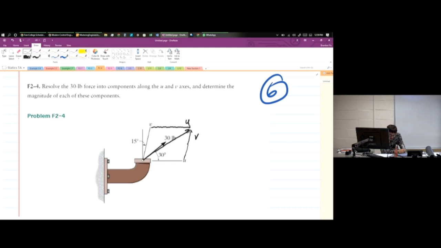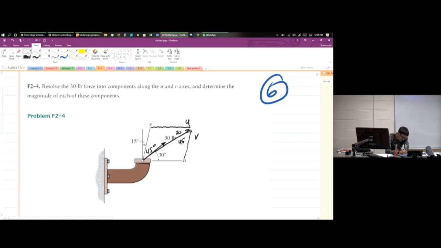So if this is a 30-degree angle, and there's a 15-degree angle, what would this one be in the middle here? This one would be 45. So that means we can say that this one is 45. And this one up here is what?